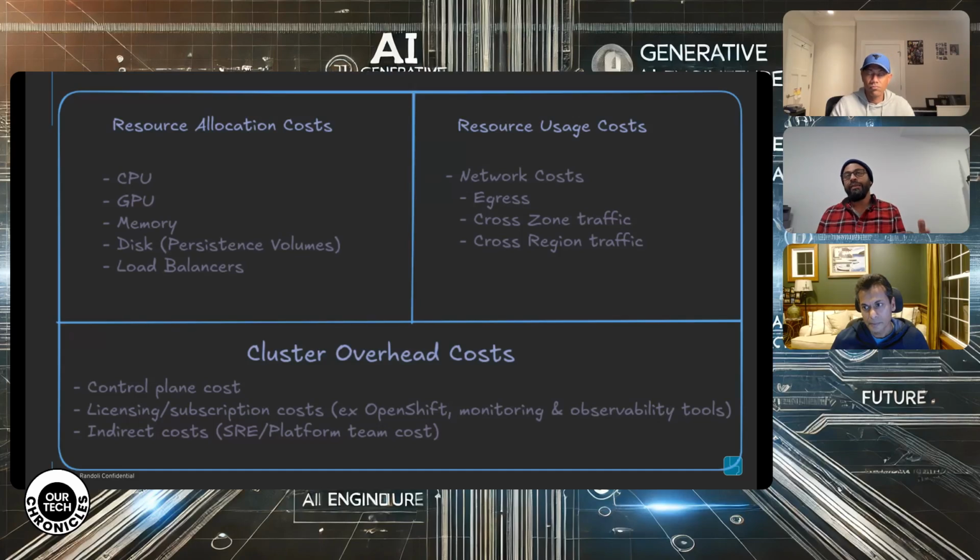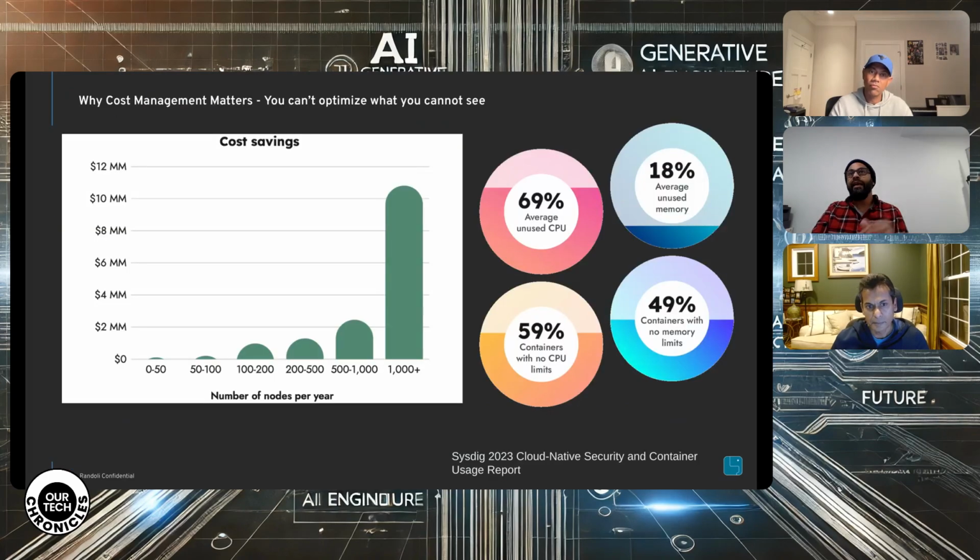I have one thing that I want to show you, and this is an industry survey to show why that part is useful. I don't have the 2024 one, but this is the 2023 report from Sysdig.